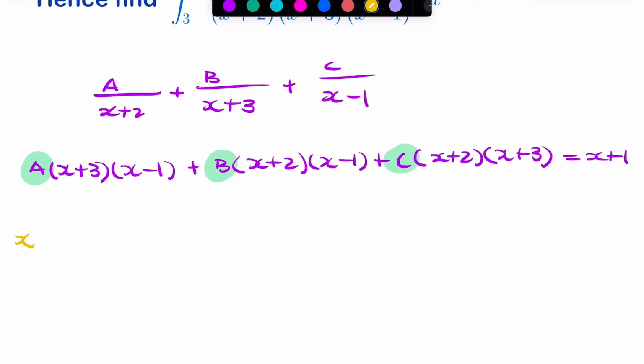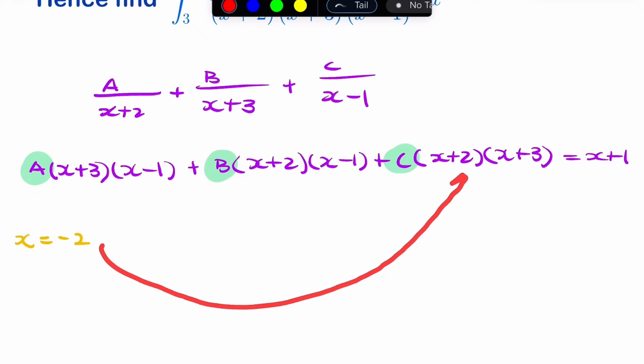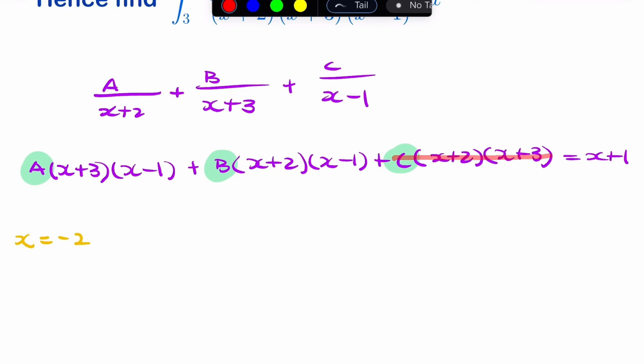If I put negative 2 here instead of x, I get 0, so all of that becomes 0, and I end up with an expression only for a.